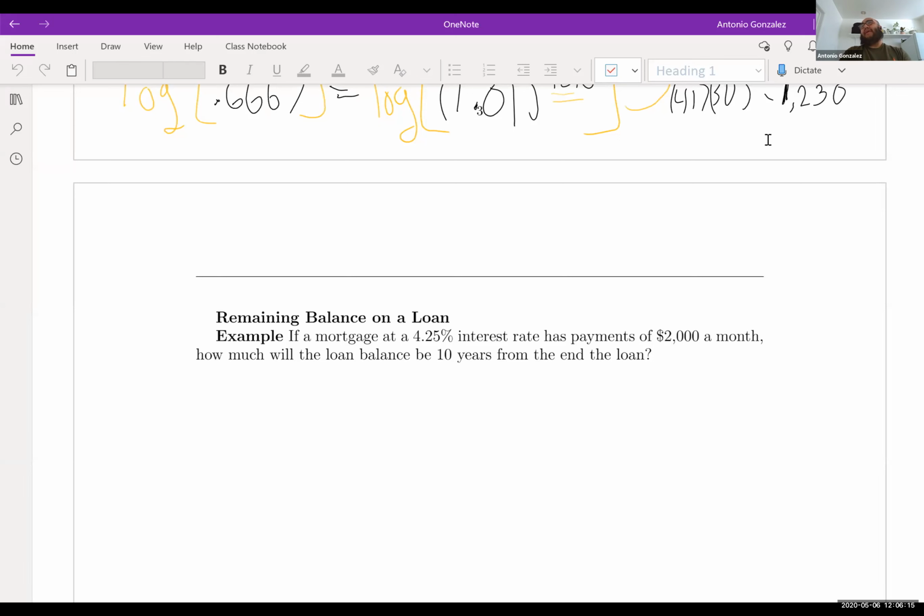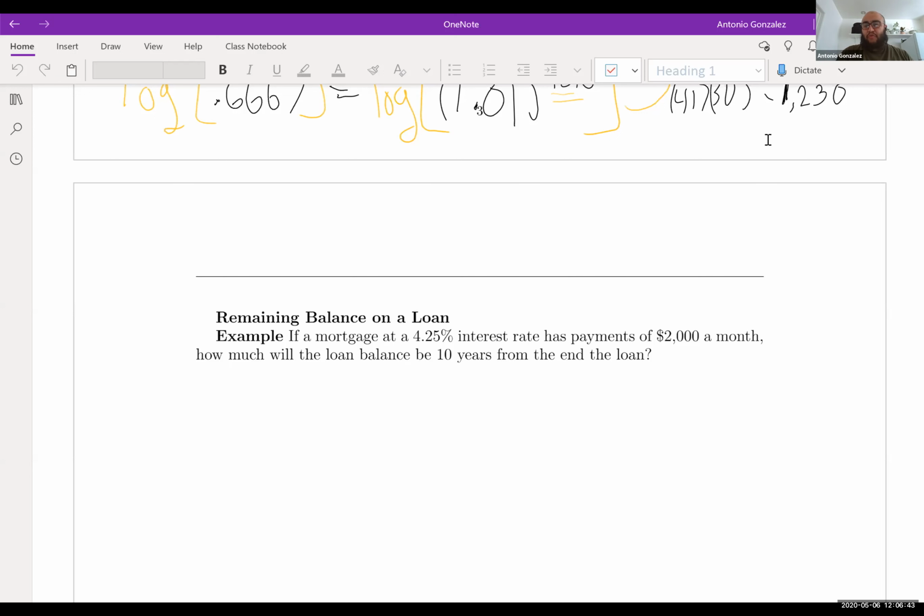If you have a mortgage, and let's say after 5-10 years you want to refinance or buy a new home, first you need to find out how much money is left on your loan. One thing to realize is, if you make, for example, $1,000 payments, at the end of a year your loan is not $12,000 less.